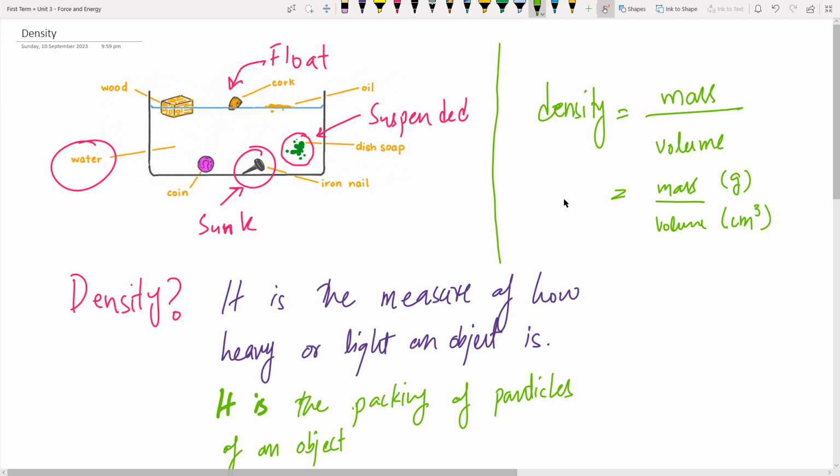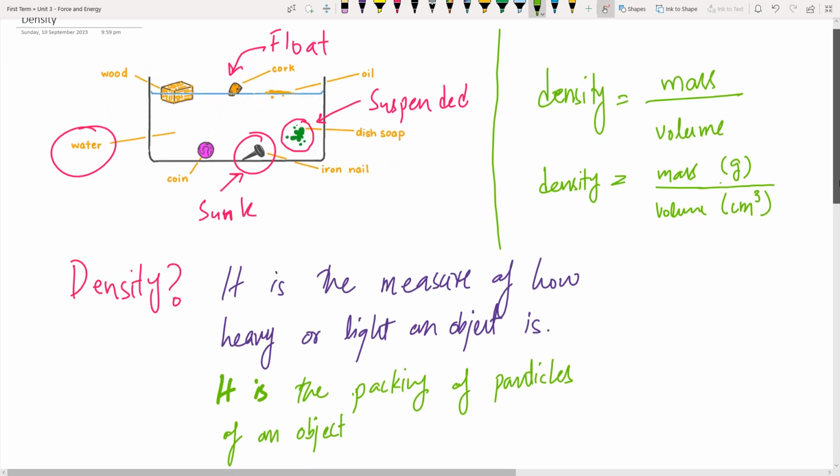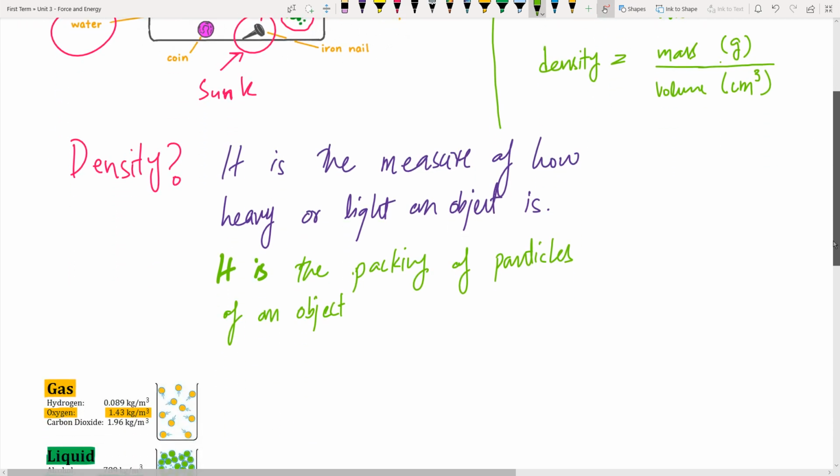Density is going to have the units of gram per centimeter cube. But this is for lab scale work. For larger scales, we use kilogram per meter cube.